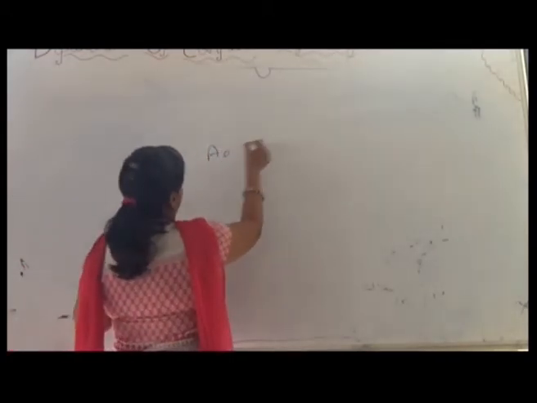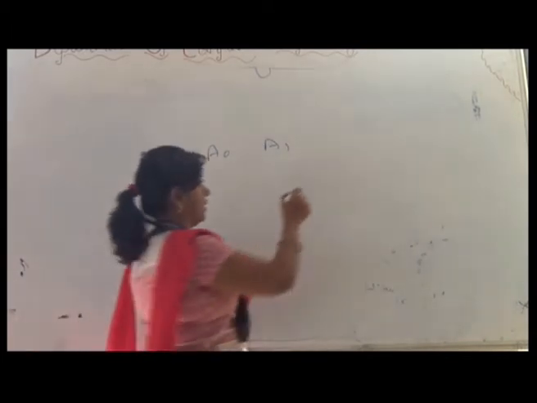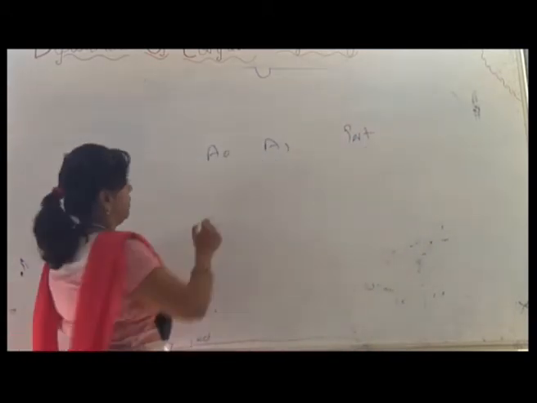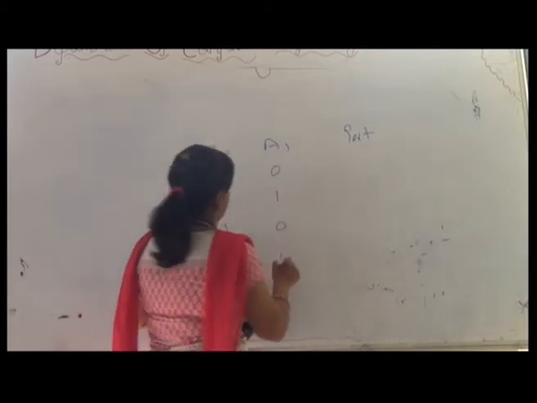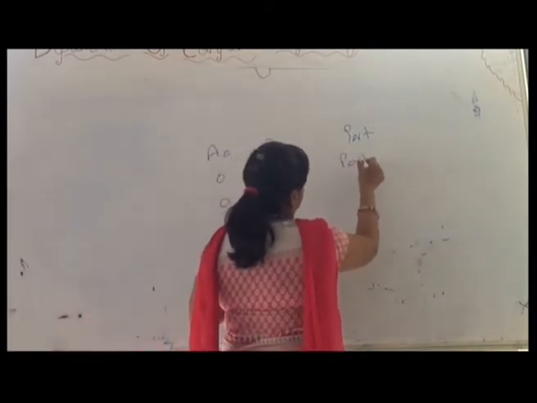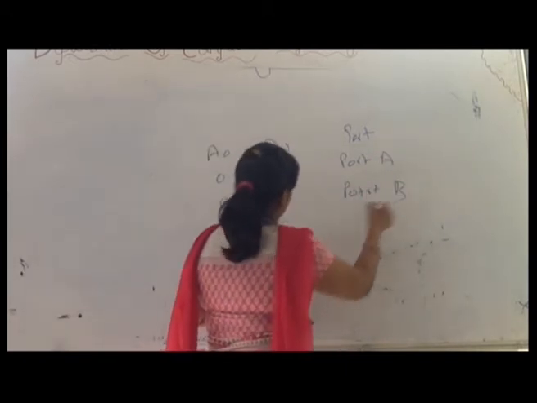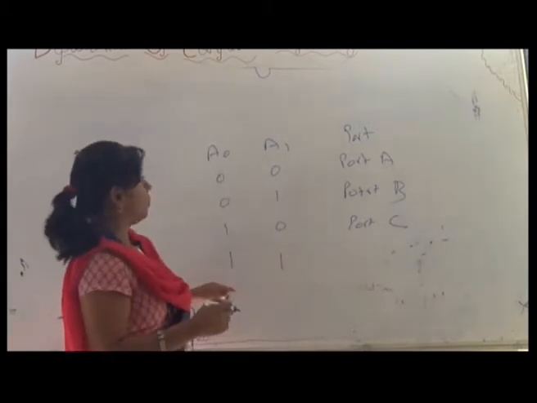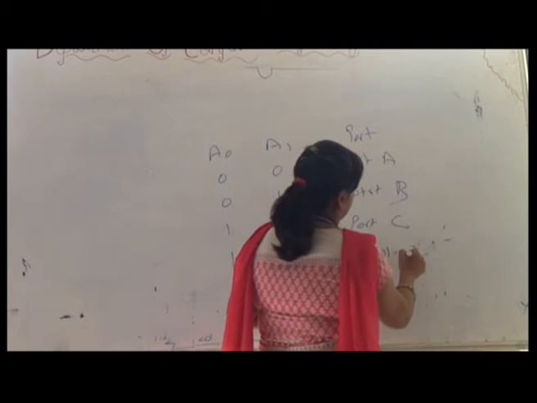A0 and A1, these pins along with the read and write signals control the selection of port and control register. Whenever A1 A0 is 00, it selects port A. Whenever it's 01, it selects port B. 10 selects port C, and whenever the value of A0 and A1 is 11, it selects the control register.